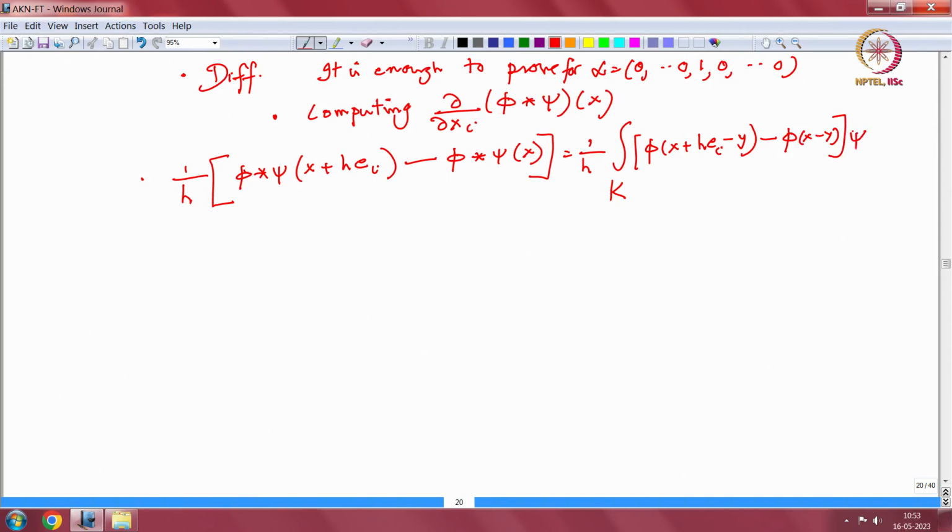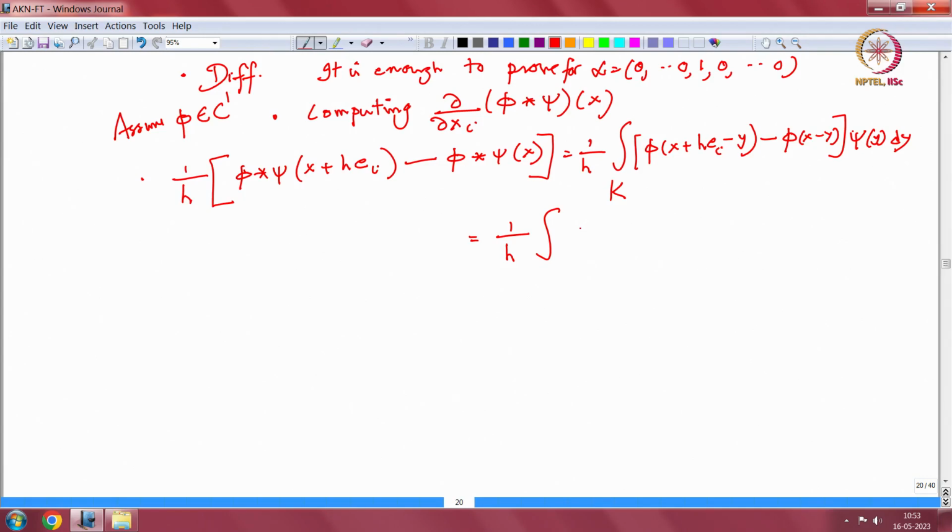This can be written as 1 over h, phi is, so you assume here, so you start with one of them, assume phi is in C1. So, that is what you are assuming, and if you want alpha, assume phi is in C alpha, C m, for small alpha less than or equal to m.